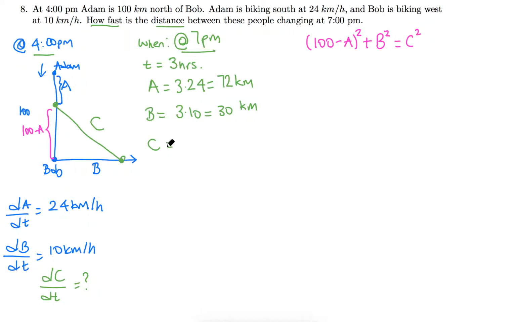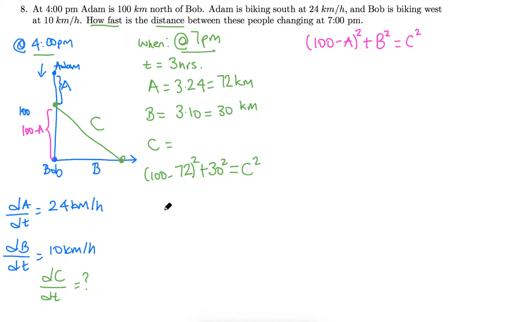And let's go ahead and find C, and then we can come back here and find the derivative and finish up the problem. So this is our equation. (100 minus A, 72) squared, plus B squared, that is 30 squared. B is going away from the intersection, so we don't have to subtract it from anything.